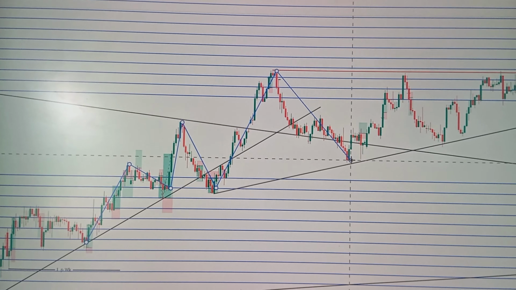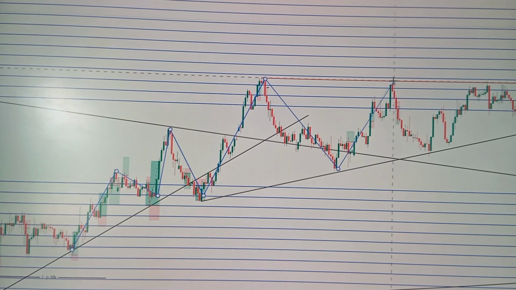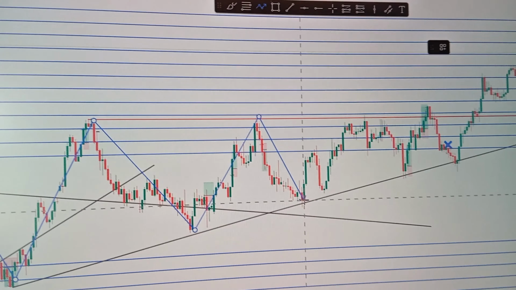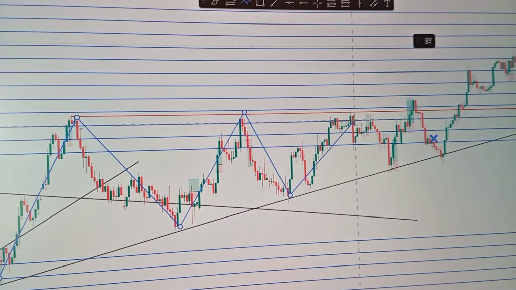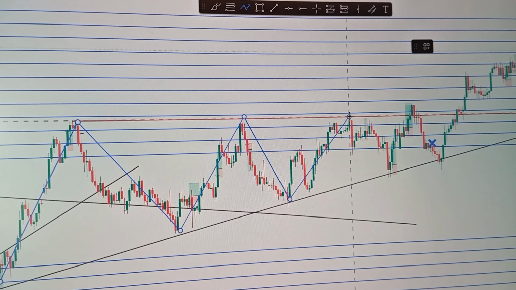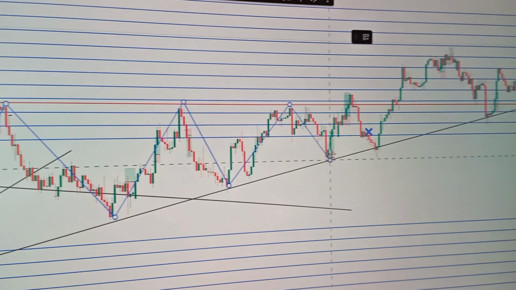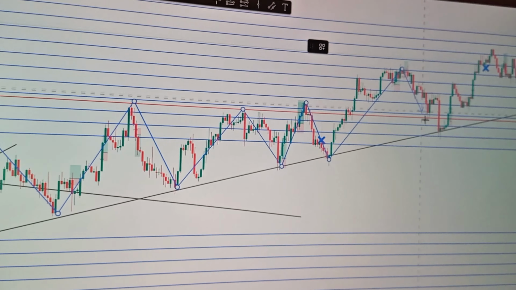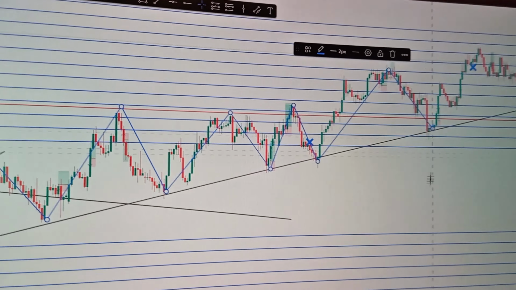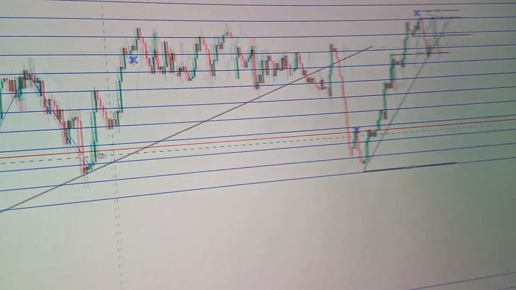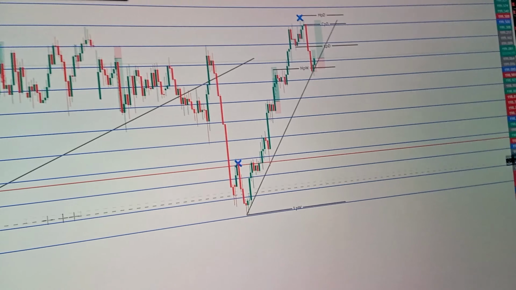It came here under an equal high, but if you look below, it's still making a higher low. Another equal high, still making a higher low, a higher high now. Then a higher low again, a higher high again, and you continue doing that. So this trend is an uptrend.